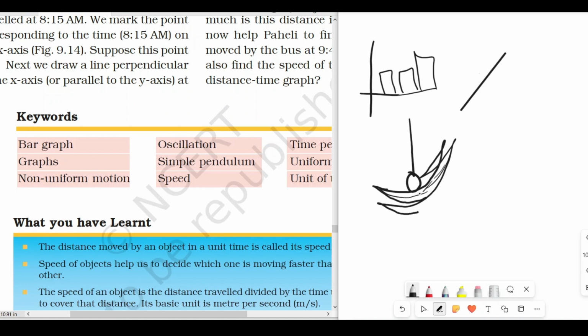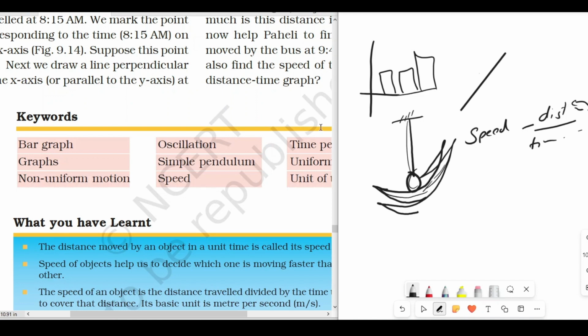Okay. What is a simple pendulum? This is the diagram of a simple pendulum hanging from an iron bar or whatever, a thread and a bob. Okay. What is speed? Speed is the distance traveled by an object divided by the time taken by it to travel this much distance.